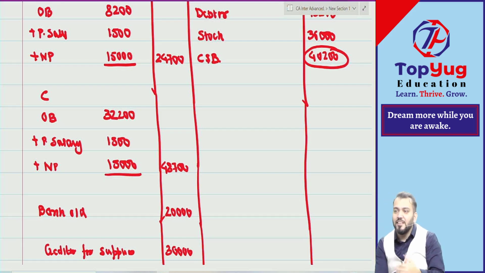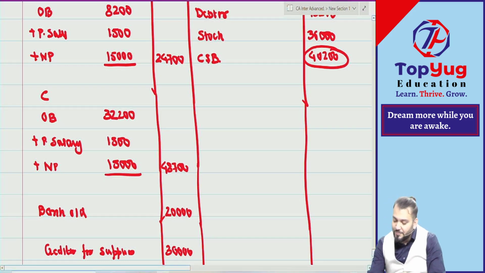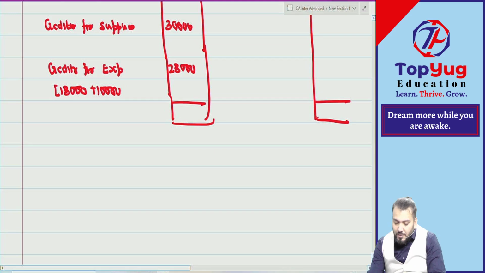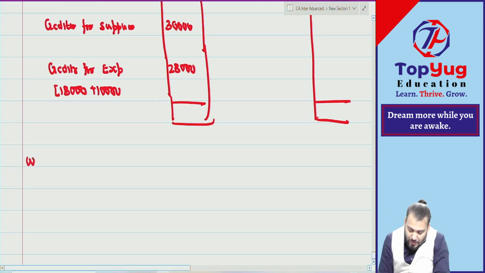Now, what happened on 30th September? Dissolved and taken over by a company. And we'll use which concept? Same set. Correct. So, what is the working note number? 5.